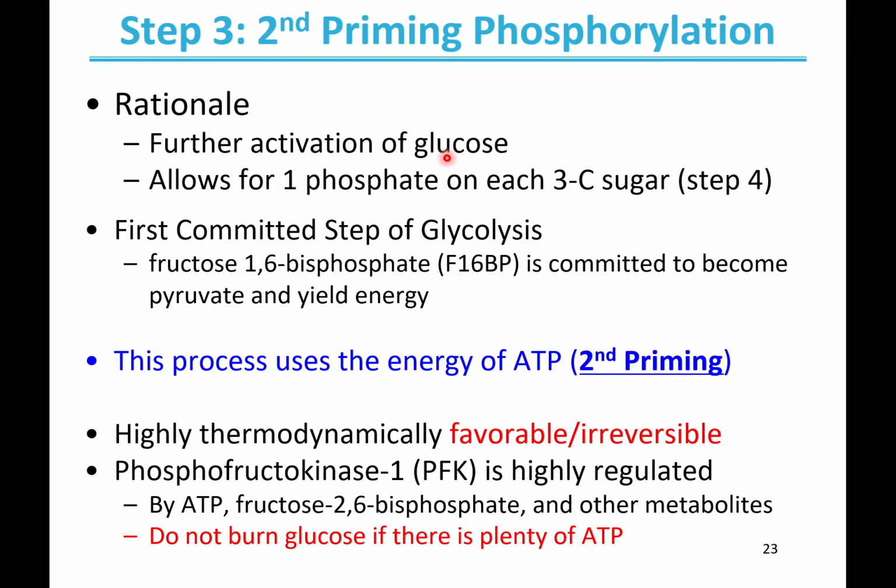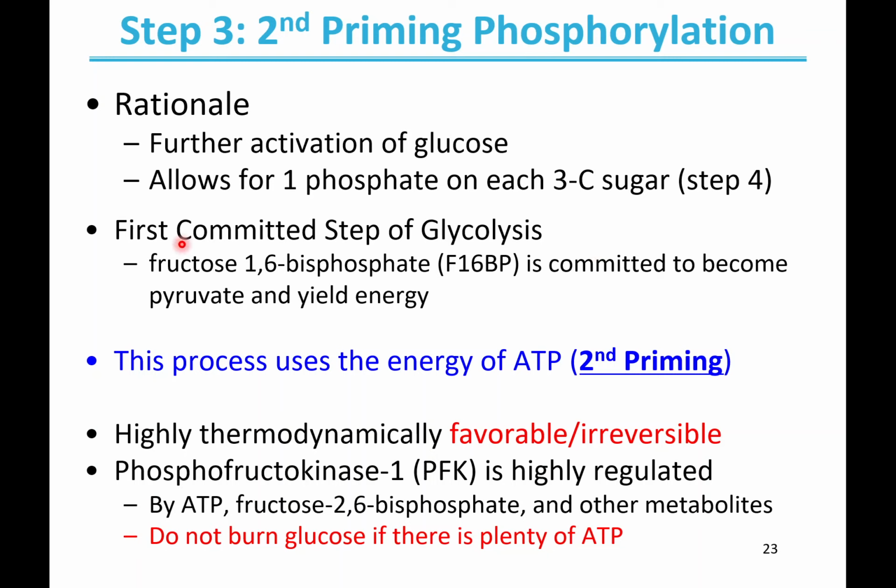You're adding another phosphate, so you're activating it. You're putting some more potential energy in it. Okay, and it allows for one phosphate on each 3-carbon sugar that's going to be produced after step 4. So you're making it so that you can cut this 6-carbon sugar in half, and each 3-carbon sugar that's left is going to have a phosphate.